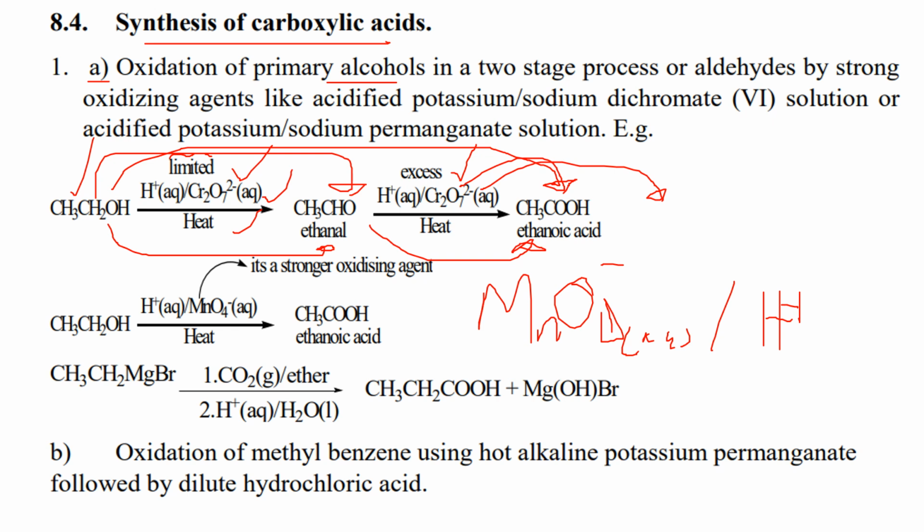When you have a primary alcohol, it oxidizes it straight away to a carboxylic acid. But it must be in an acidified medium. I've told you to change the arrangement of this: manganate(VII) first, followed by the hydrogen ion. So from ethanol you go to ethanoic acid as a straight route.